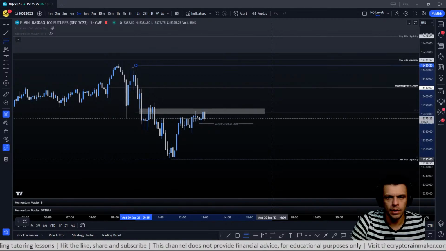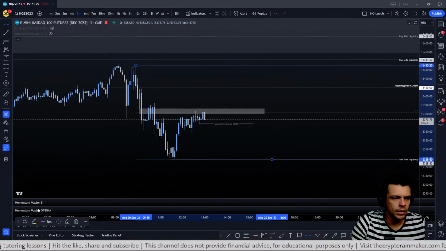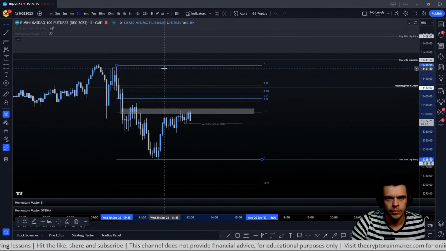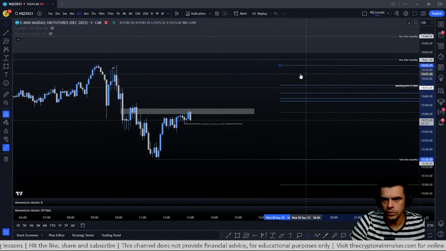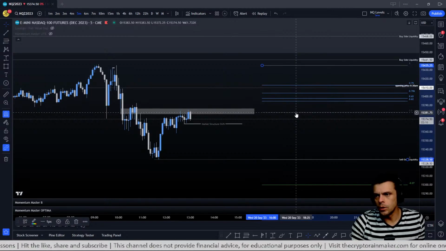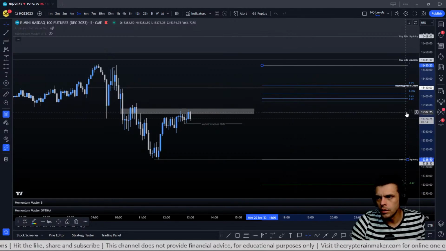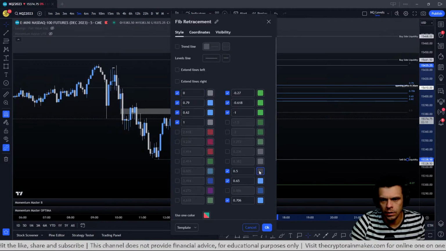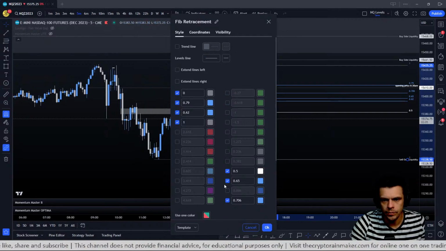Get a flip from the high to the low. Looks like it's getting rejected right at the equilibrium. Move this to the side. So that's the equilibrium right here on the 0.5 on your Fibonacci. Gonna make that a lighter color. Switch off the extensions.